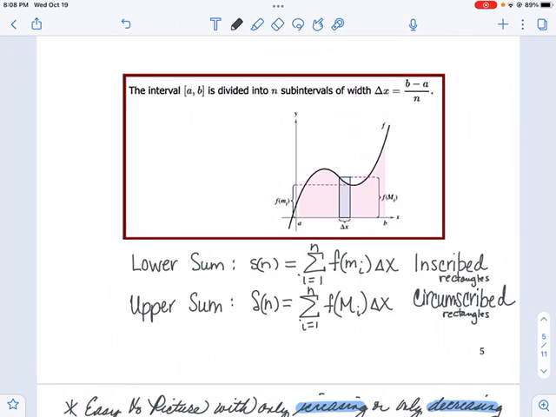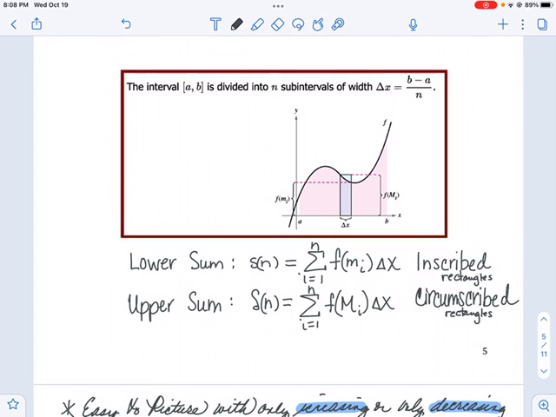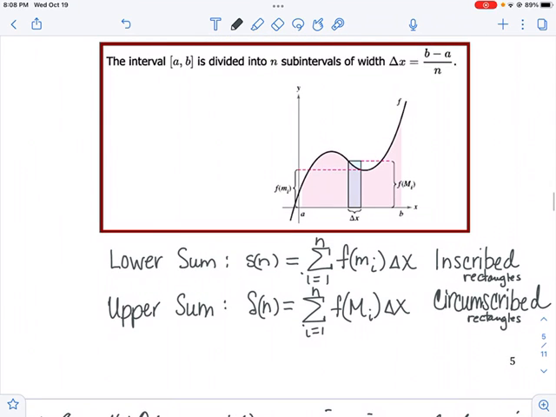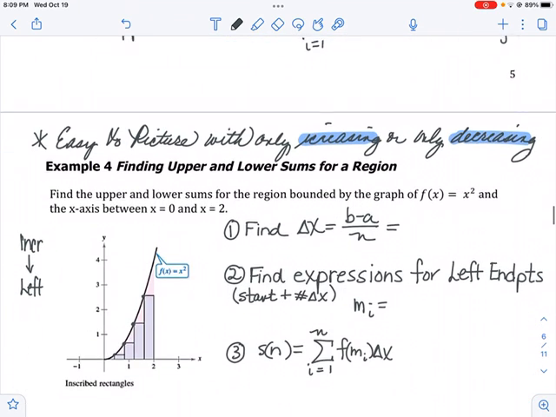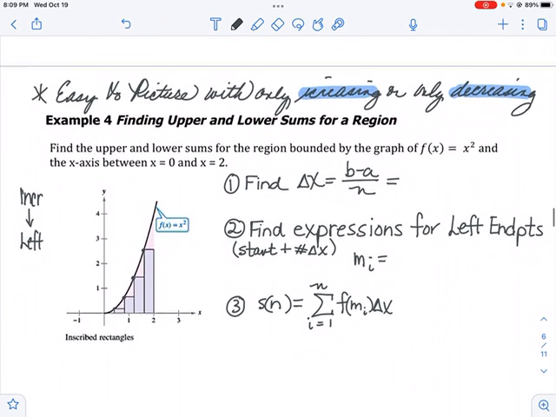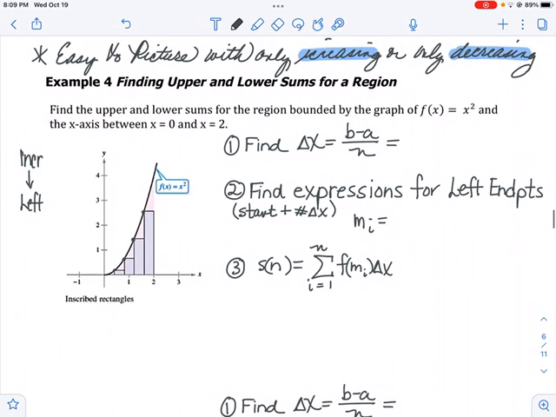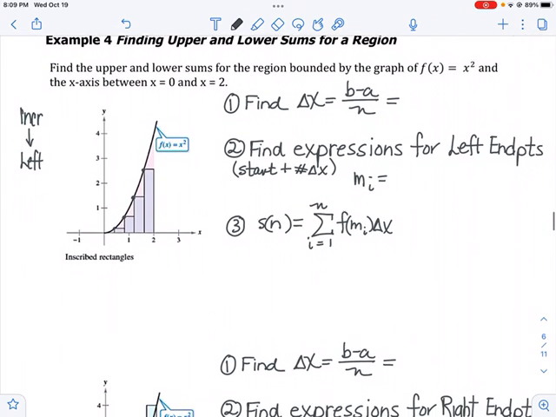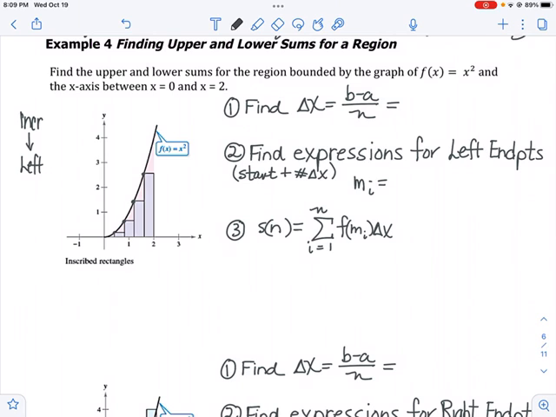So not a hugely different topic than what we've been talking about with left and right. And it's easiest to talk about this on a monotonic function that is either only increasing or only decreasing, so it's easy to picture. Okay, so finding upper and lower sums for a region, here they have the function x squared, and it's only increasing.